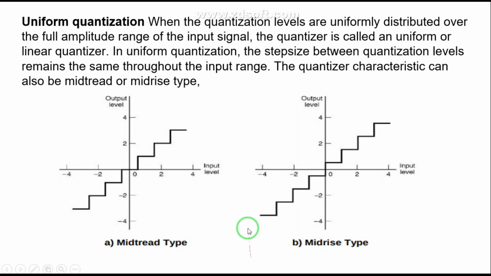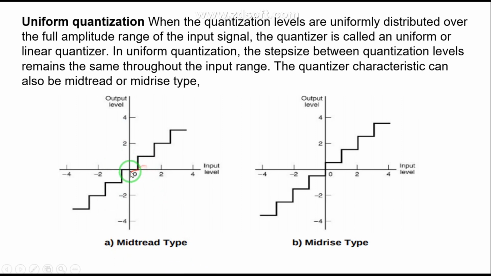From the input output characteristic of the uniform quantizer of mid-tread type, you can see that the origin lies in the middle of the tread of the staircase graph.